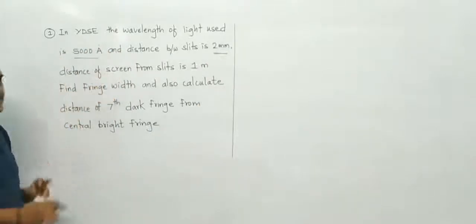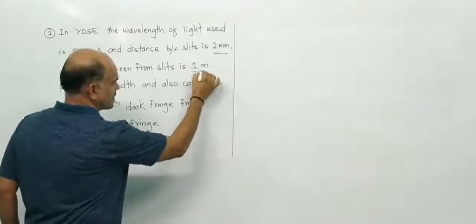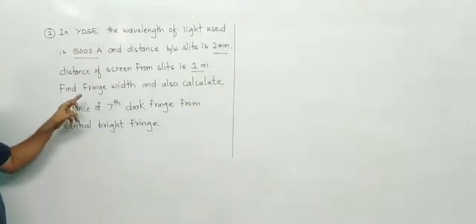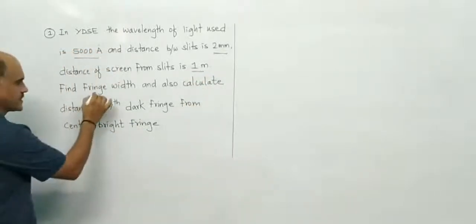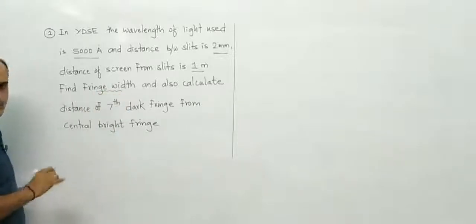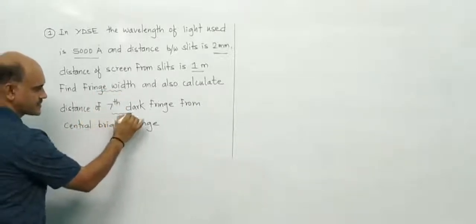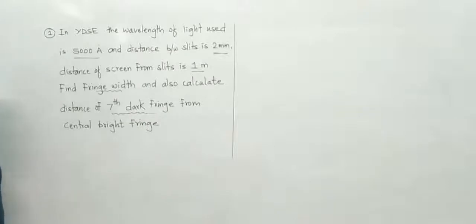The distance of the screen from the slits is 1 meter. He has asked us to find the fringe width and also calculate the distance of the seventh dark fringe from the central bright.